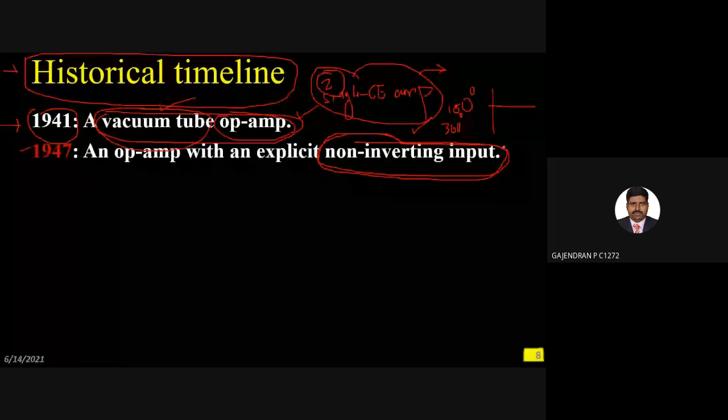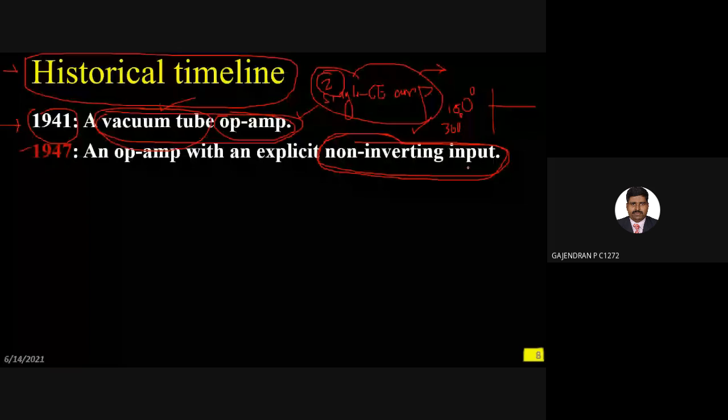Here, why I am telling all these things is that we have a term, non-inverting input. In 1947, an operational amplifier with a single non-inverting input terminal was invented. We will see what the inverting input and non-inverting input are during the symbol of this operational amplifier.